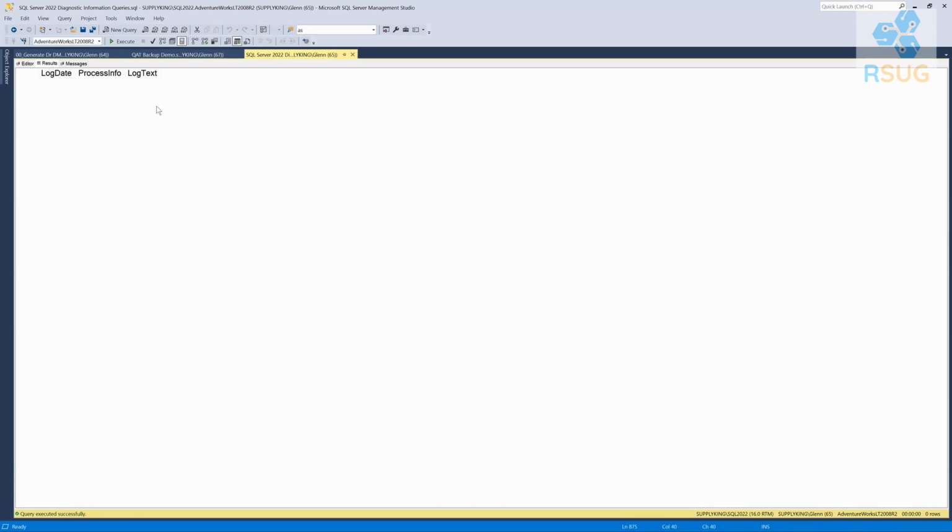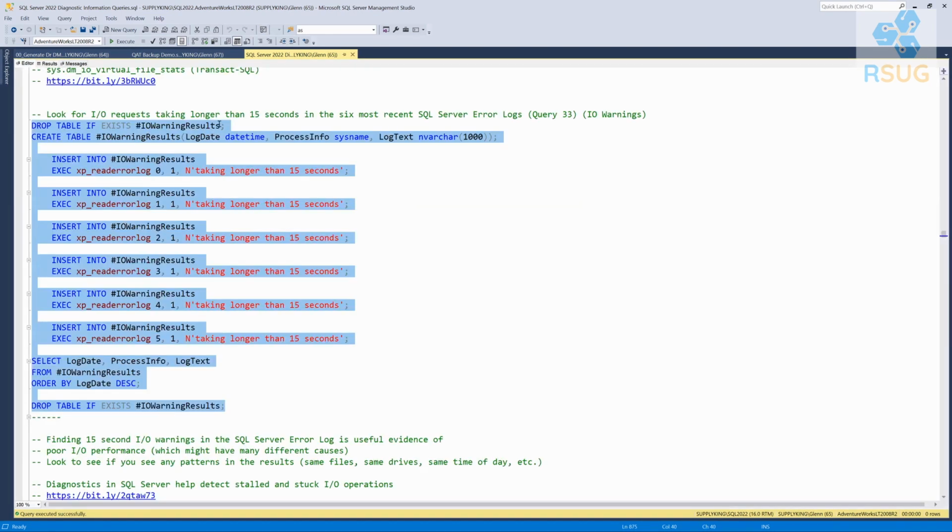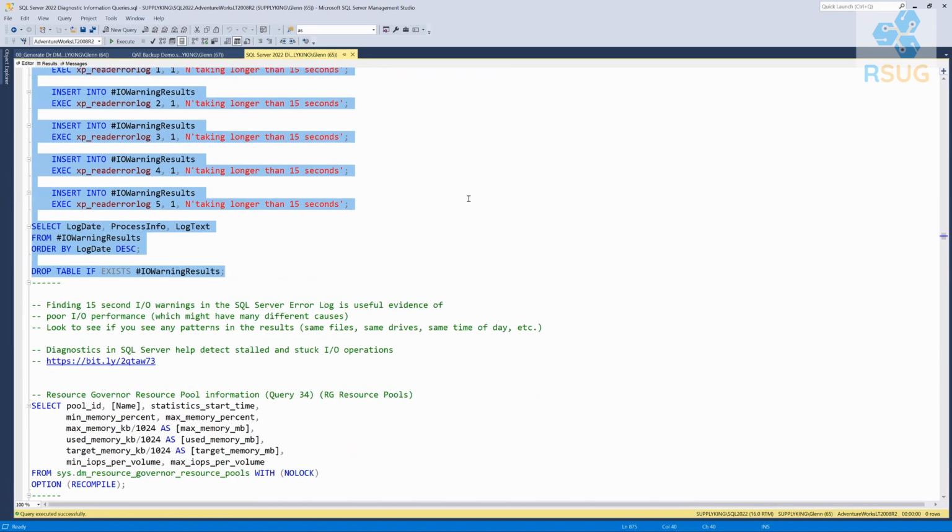Is it always happening at 3 a.m. when you're running DBCC CHECKDB or backups? Or is it happening all over the place at different times of the day on different files? But a 15-second IO warning is a really, really bad thing. And if you're seeing lots of them, that's really strong evidence that your storage is performing very poorly. And it's a lot harder for your storage admin to blow that off than it is some other things.